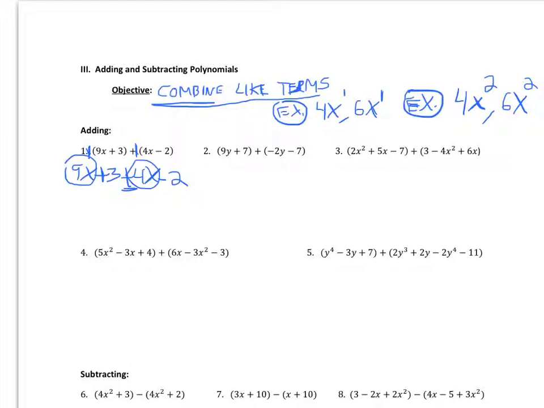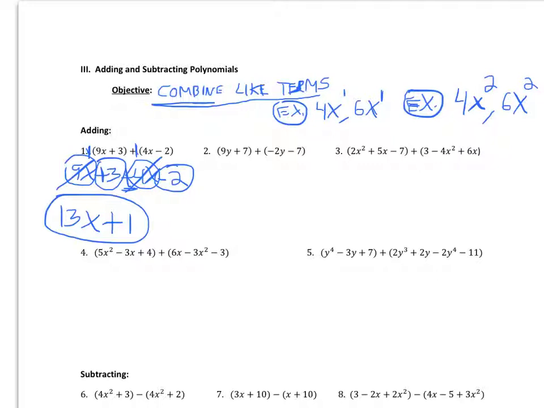They're both positives, so you add the 9 and the 4, you get 13, and then you just drop down the x. Then you have positive 3, but then you have minus 2. So 3 minus 2 is positive 1, so we say plus 1. And I know that I'm done because 13x and 1 are not like terms. I can't add those together and get 14x. So that's our answer.